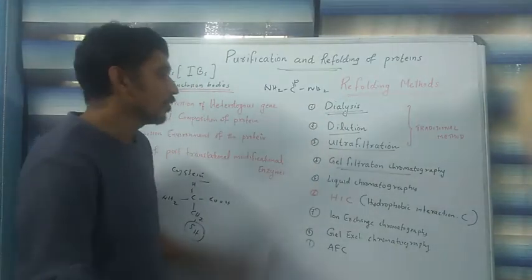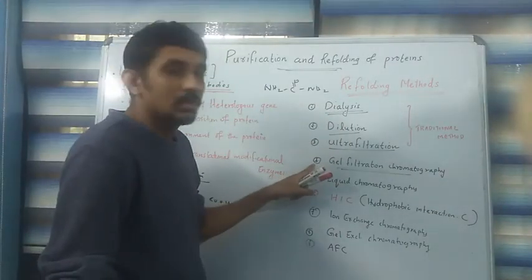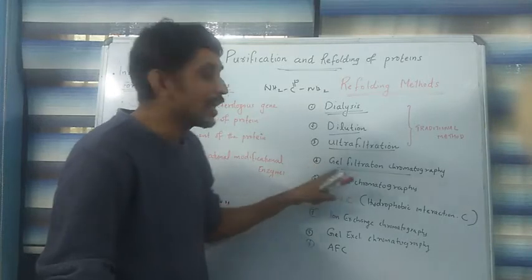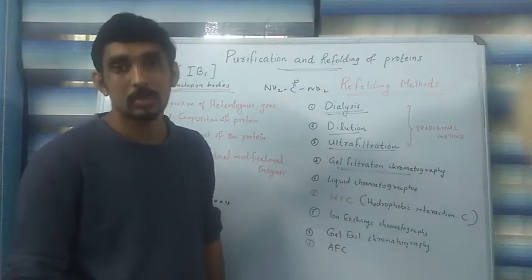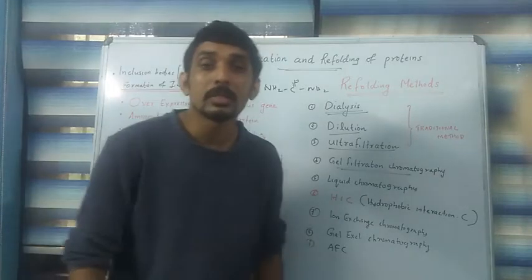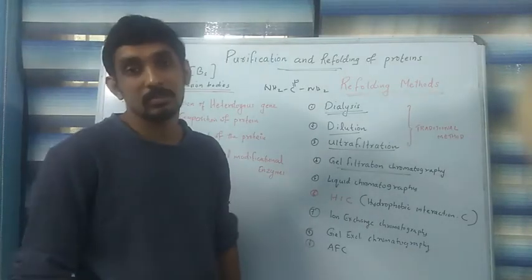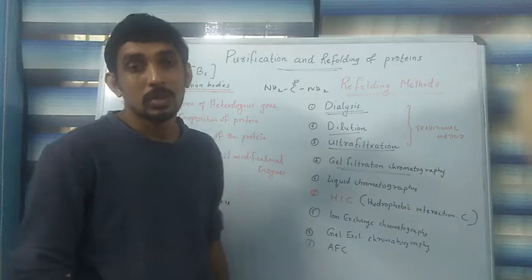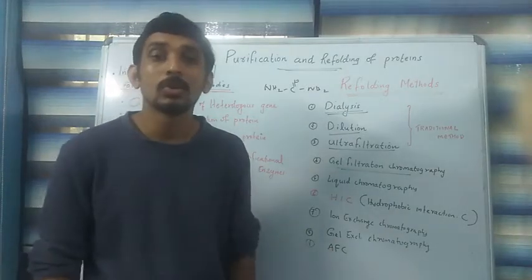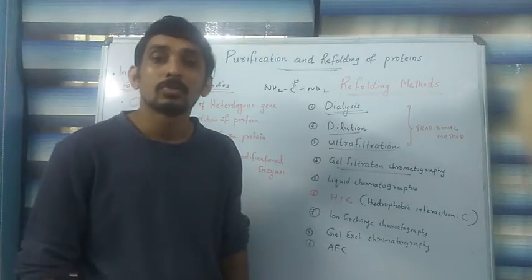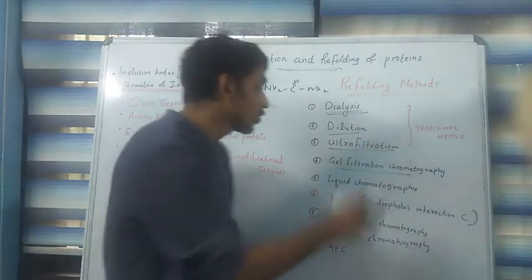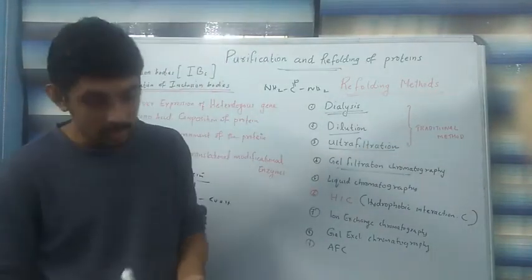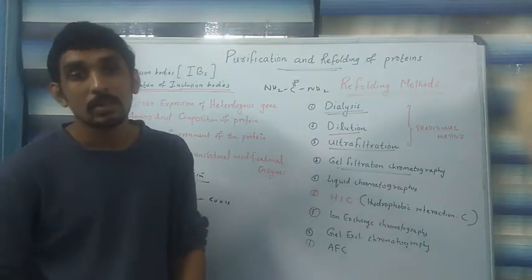Okay. Whereas in the fourth case, gel filtration chromatography, it is a special type of chromatography. We know that chromatography is the best separation technique. By using this separation technique, we can eliminate the denaturant and denaturing agents.